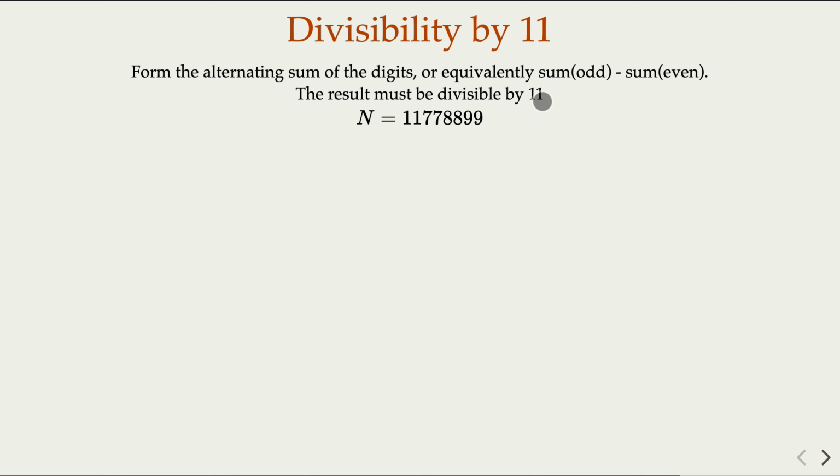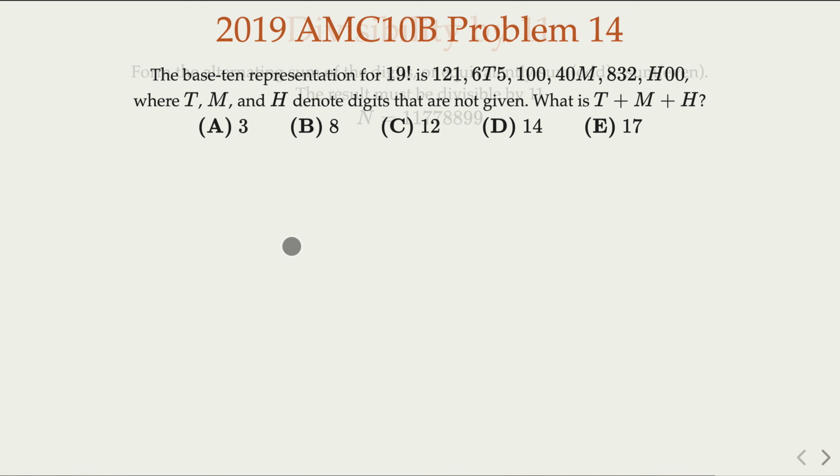So every digit's 10 to the kth power is equivalent to negative 1 to the kth power. That's why mod 11 is equivalent to alternating positive and negative digits. So use this trick.